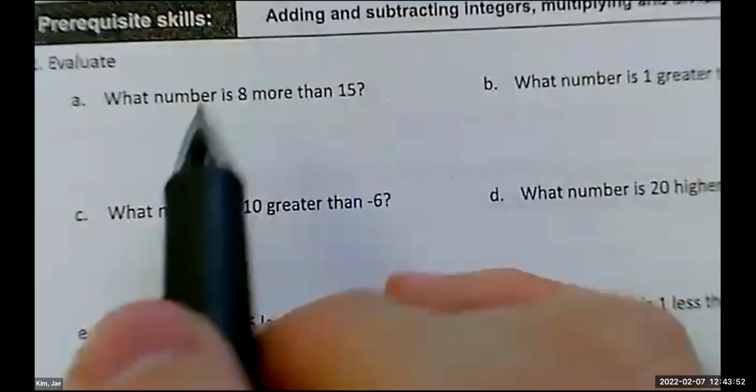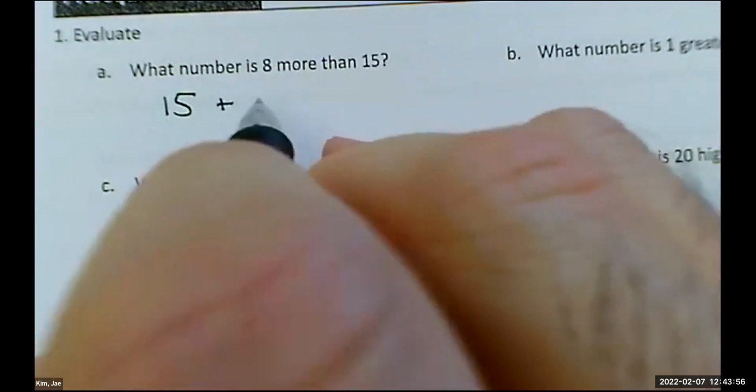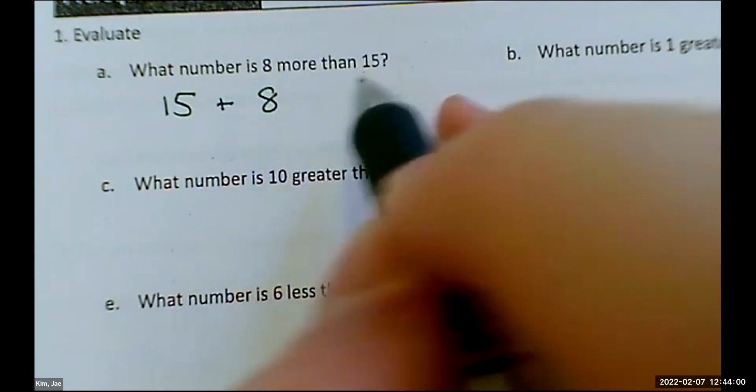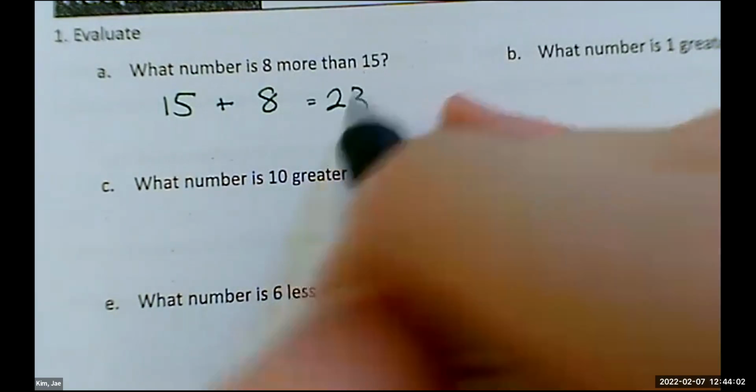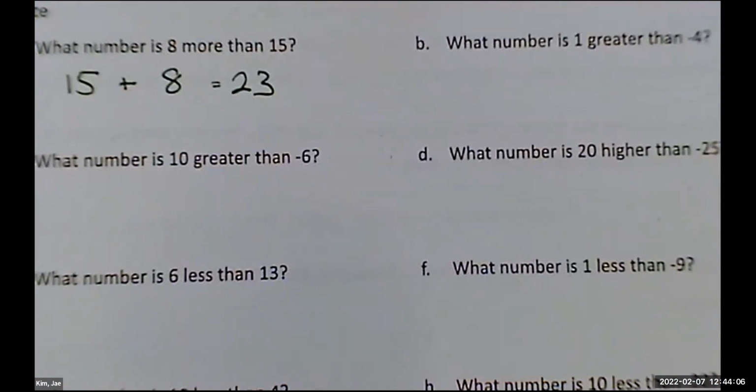Just solve it. If you were to take this, it would be 15, and then you're adding 8 to it. And that's it, 23. B, C, D. Do the rest. I'll give you a minute. Go.